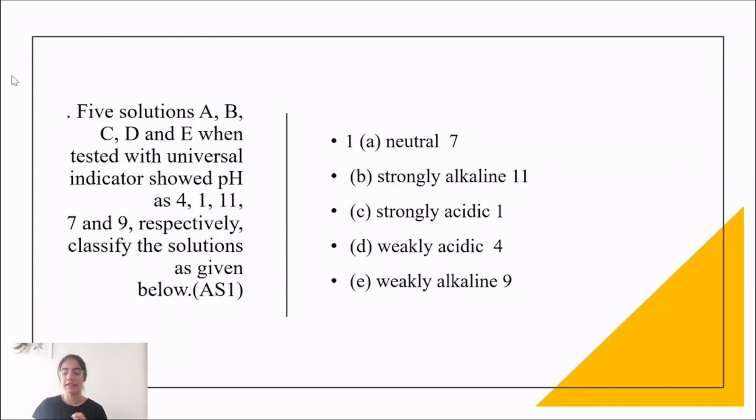E is 9. 9 lies between 7 and 14, so it is weakly alkaline, not exactly neutral, not exactly alkaline, but weakly alkaline. So neutral 7, strongly alkaline 11, strongly acidic 1, weakly acidic 4, weakly alkaline 9. You can label them A, B, C, D, E respectively.